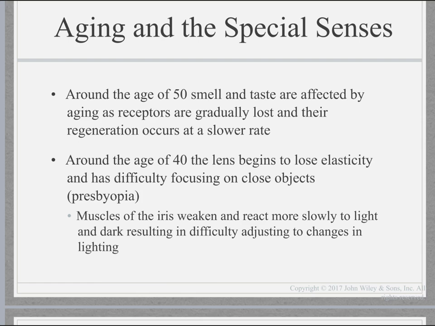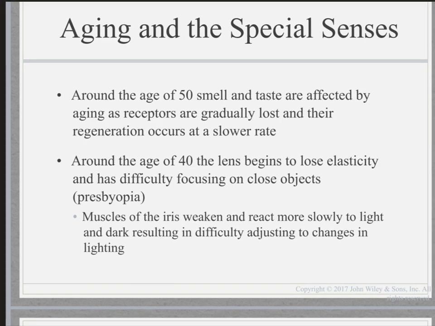This is why our parents and grandparents need cheaters. We talk about these glasses that they put on when we're at restaurants to read the menu or to look at their cell phones. Again, these cheaters help them focus on close objects. Why is this happening? Muscles of the iris weaken and react more slowly to light and dark, resulting in difficulty adjusting to changes in lighting.